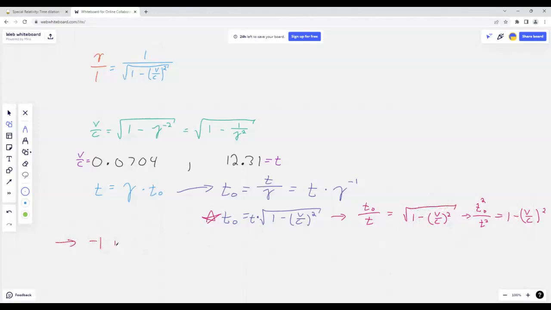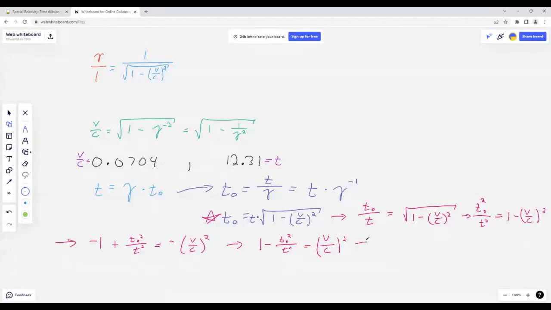So now this is going to be -1 plus T0 squared over T squared is equal to, and the reason we put the -1 out front is we still have a negative outside of the parentheses because the V over C squared was subtracted before. Then flipping all your signs, or multiplying or dividing by -1 to clear through here, is going to tell us that 1 minus T0 squared over T squared is equal to V over C squared.